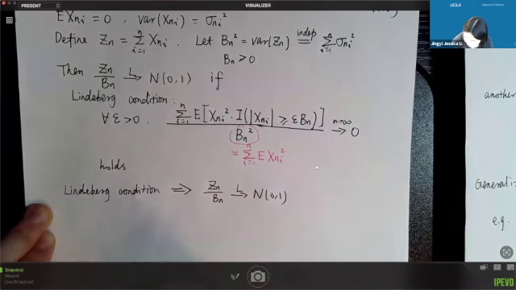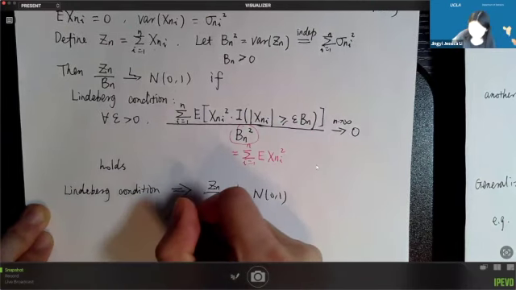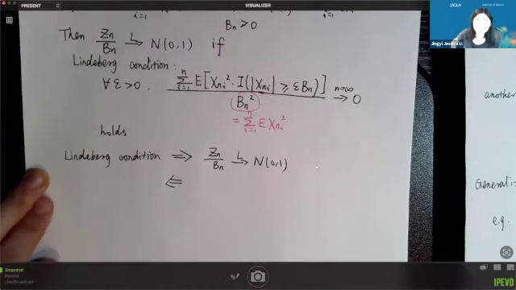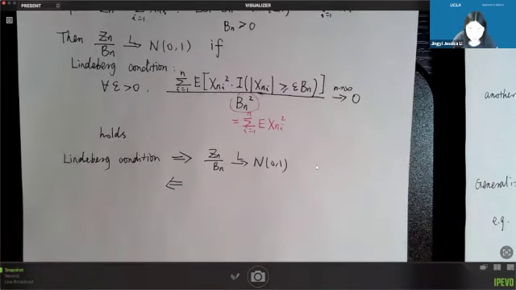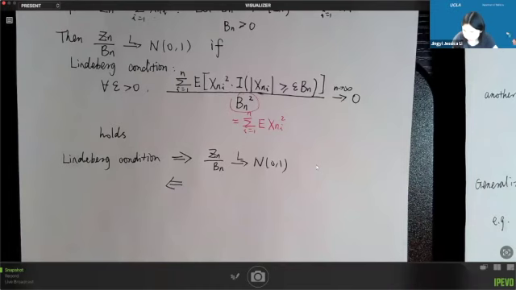How about the other direction? If we start from asymptotic normality, can we say the Lindeberg condition holds? Actually, this is not direct, so we need to add another condition to make it hold.